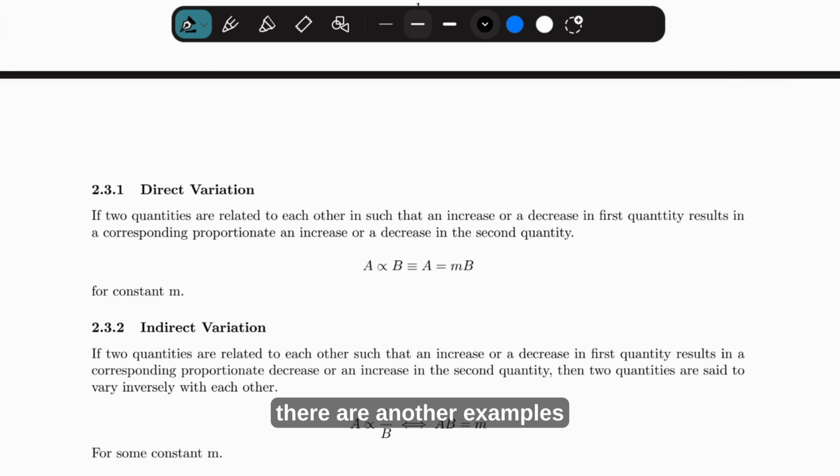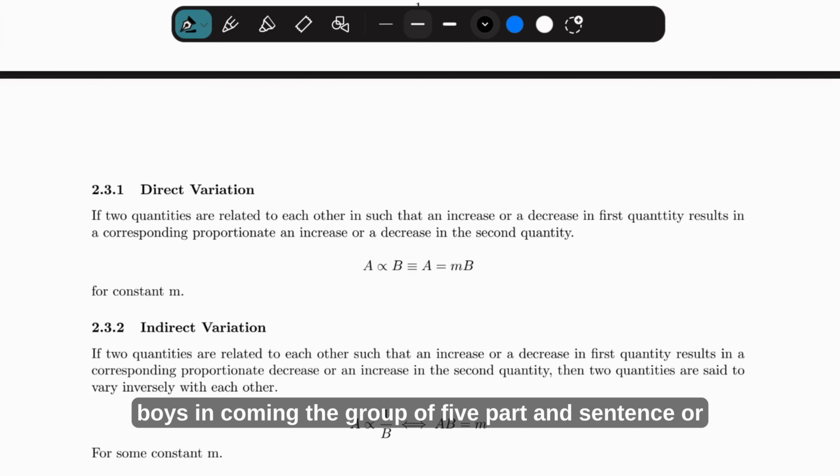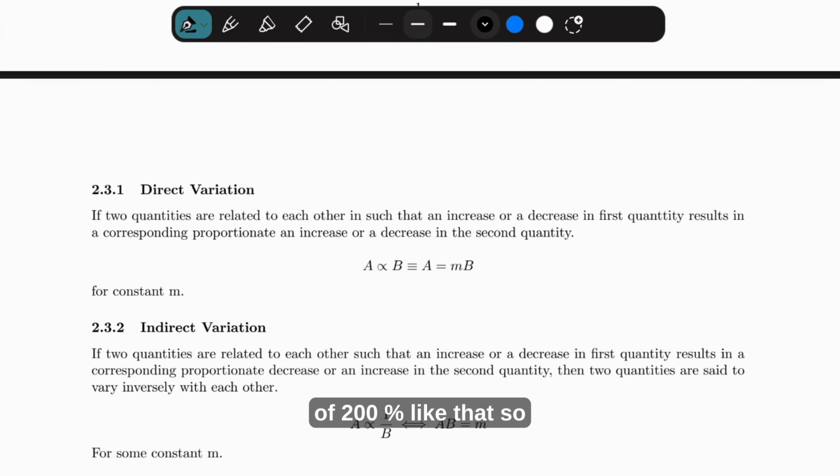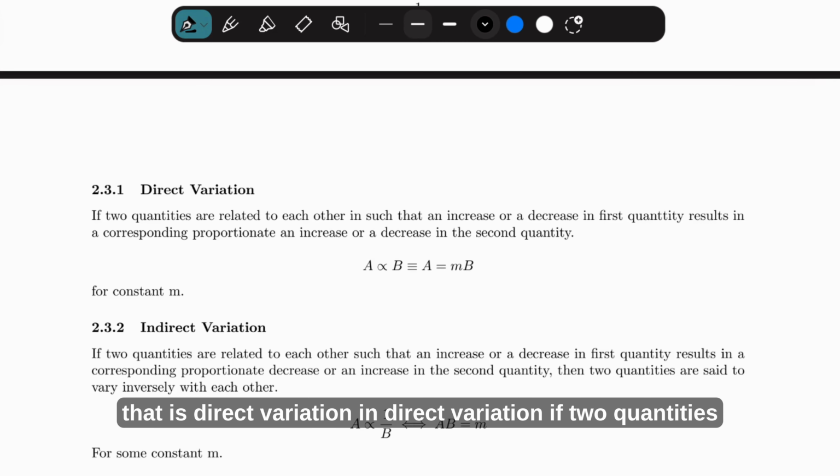There are other examples too, like percentage: if there are 10 boys in a group of 5 percent, how many boys are in a group of 200 percent? So the increase in one quantity varies with another quantity. That is direct variation.